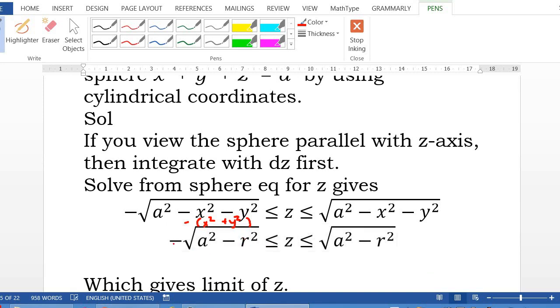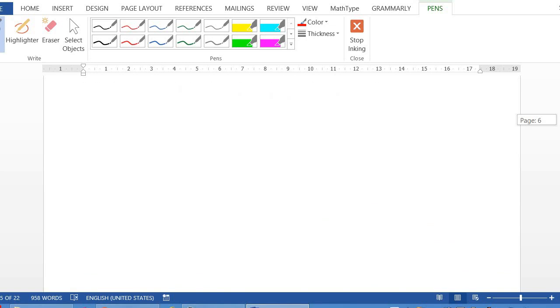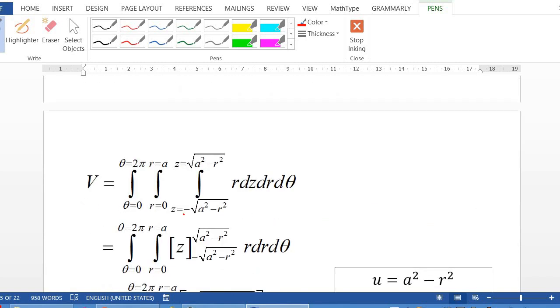So the limit for z is from negative square root of a squared minus r squared until positive square root of a squared minus r squared. This is the lower hemisphere, z equal to negative square root of a squared minus r squared, up to z equal to positive square root of a squared minus r squared. Still the same as Cartesian, only x squared plus y squared changes to r squared.